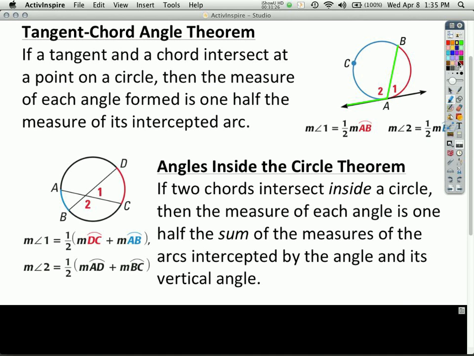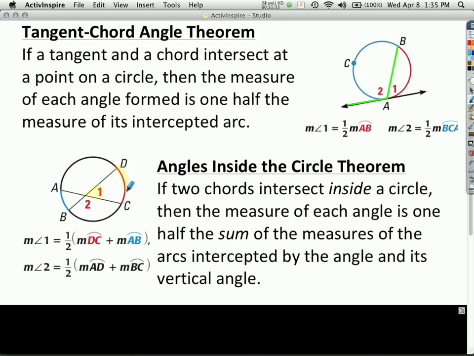So that was a mouthful. We're talking about the relationship of this angle here and the arc formed here and here. This angle will be half the sum of these two arcs. This angle, angle 2, formed here, will be half the sum of this arc and that arc.